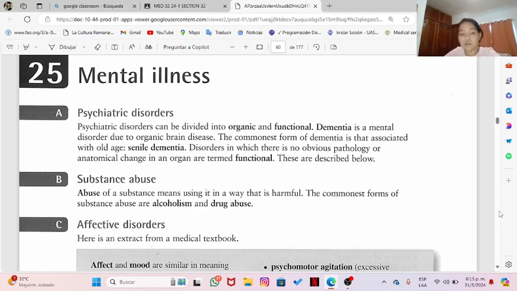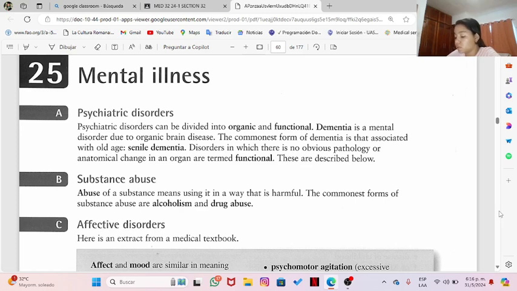Mental illness, part 25. Part A, psychiatric disorder. Psychiatric disorders can be divided into organic and functional. Dementia is a mental disorder due to organic brain disease.